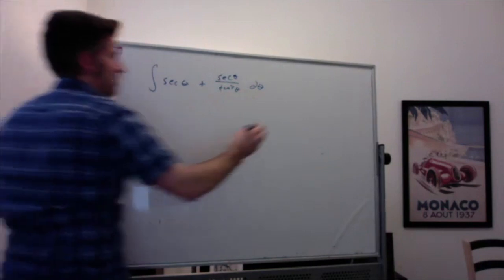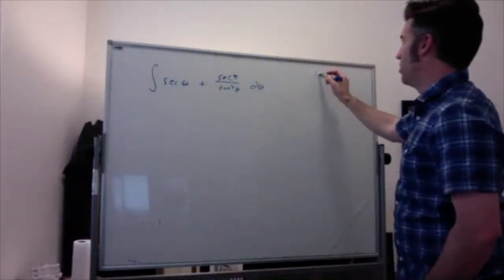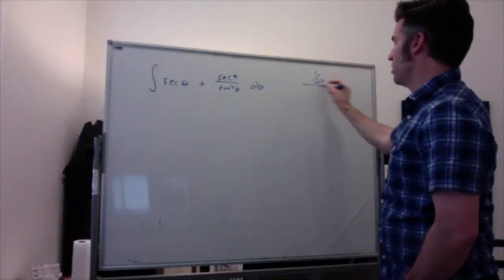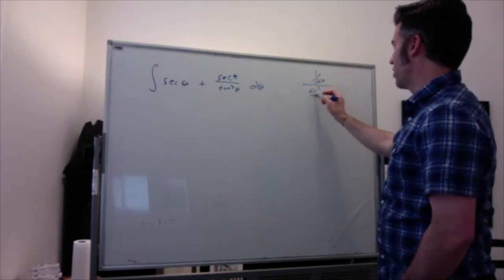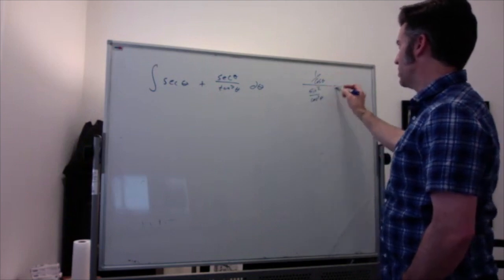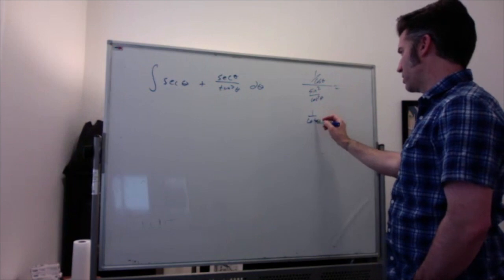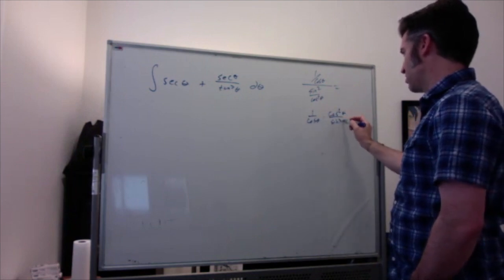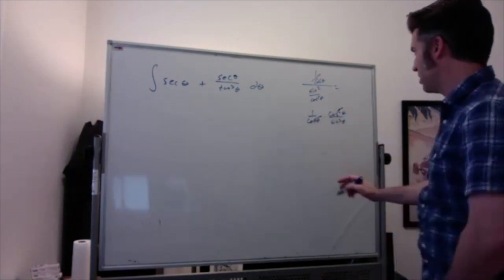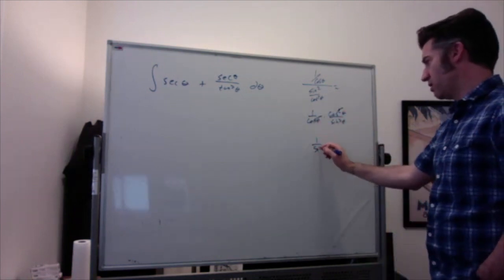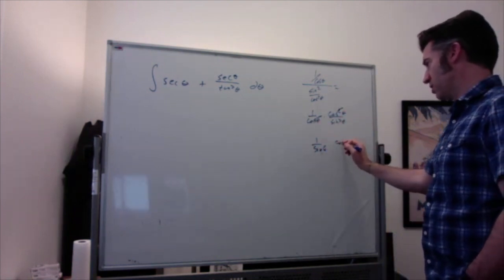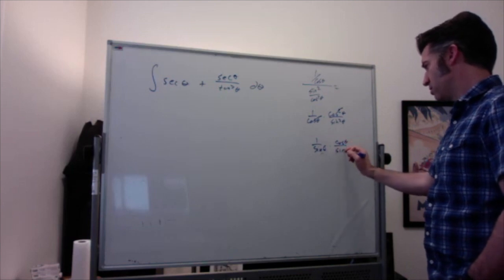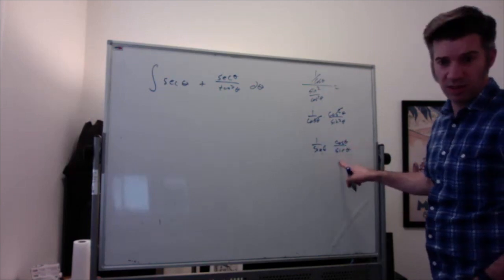Secant over tangent squared, that's 1 over cosine over sine squared over cosine squared, which ends up being 1 over cosine times cosine squared over sine squared. Cosine cancels. You get a 1 over sine times a cosine over sine, which is a cosecant times a cotangent.